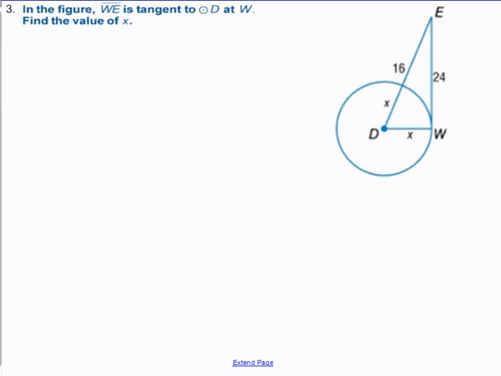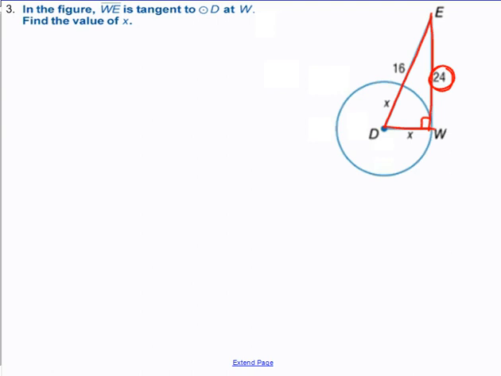In the figure, they're telling us that WE is tangent to circle D at W. So again, we have a right triangle. So now we have to figure out what X is. Well, we know that this leg is 24.